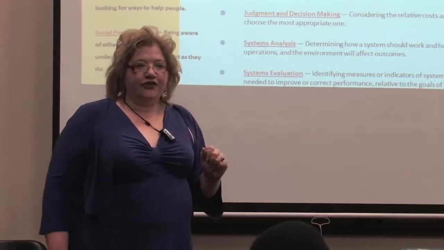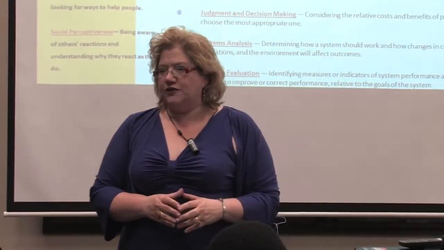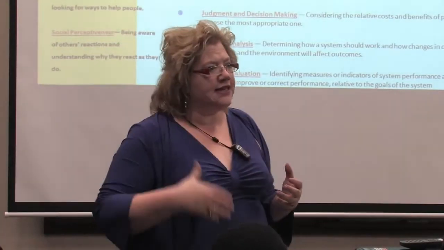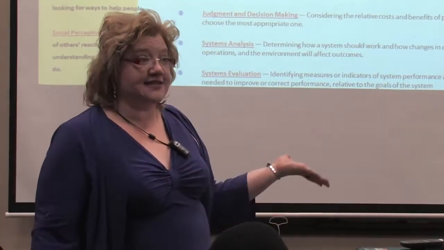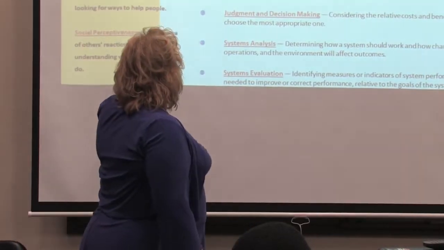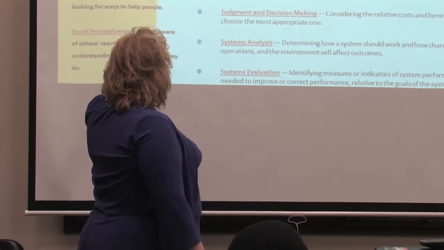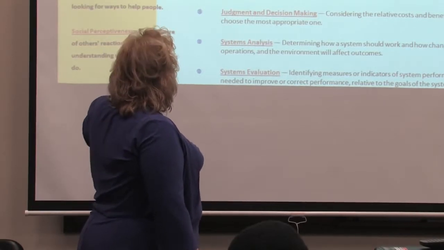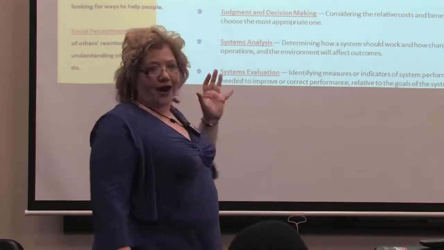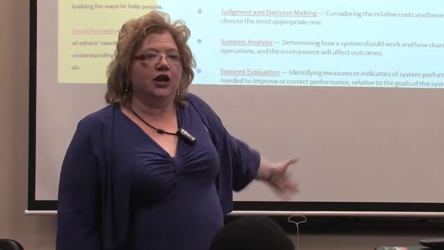Service orientation, that is a cluster of concrete measurable skills. Anticipating the needs of others, that's a skill. Social perceptiveness, being aware of others' reactions and understanding why they react as they do. These are all framed by the Department of Labor and the Department of Education.